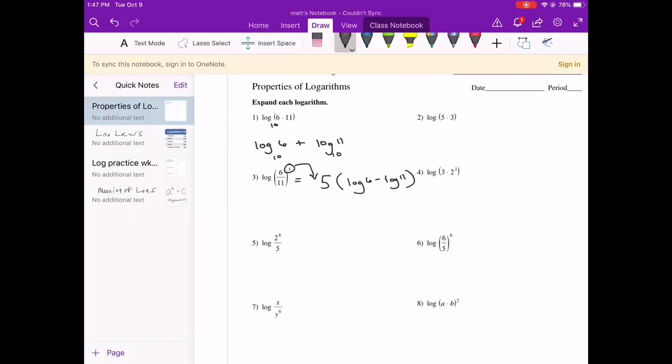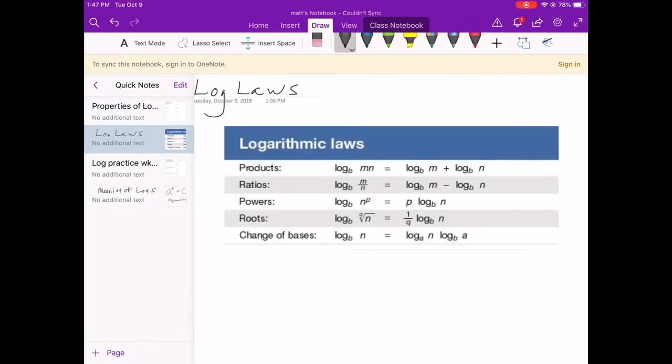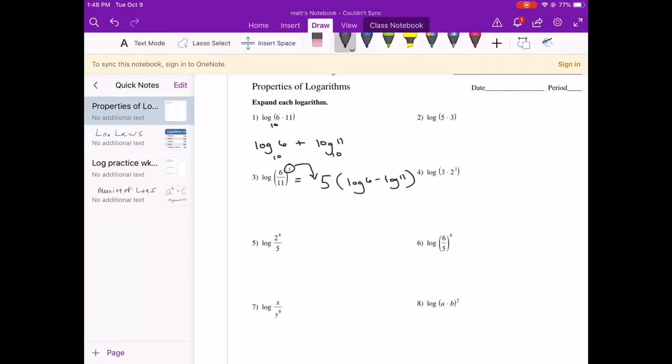As a quick refresher of my laws, I had a power rule right here, so n to the p was the same as p times the log of n, and then I had a ratio where I divided inside my log, which was the difference. Notice it was numerator minus denominator. So if I go back to my properties, you could see a little bit better where that came from. Notice my directions are just to expand, so I'm just writing out in long form what the simplified expressions are.